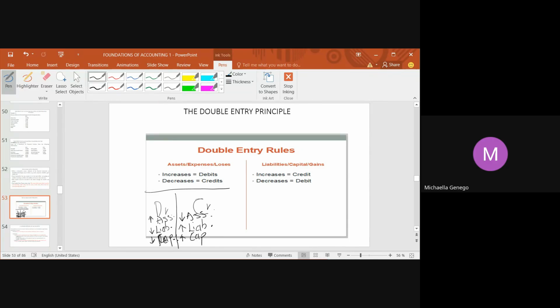And then we have expenses. Expenses, we put the increases at the debit side, increase of expenses here. And then we have decreases here.